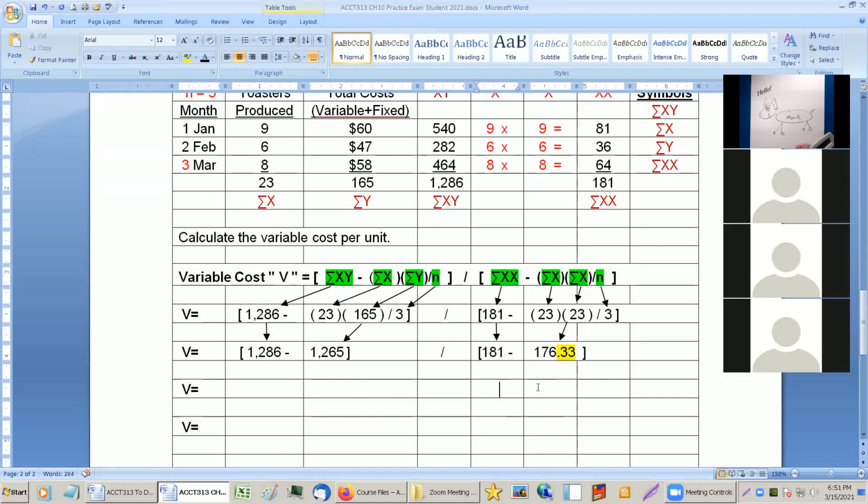Okay, so this one comes out to 467, rounding to the nearest penny. 1286 minus 1265 is 21.